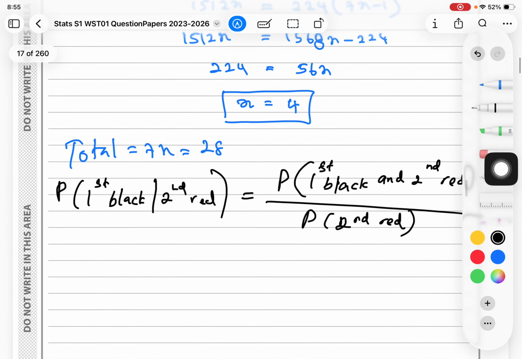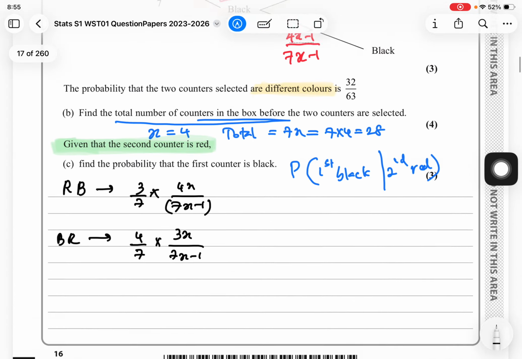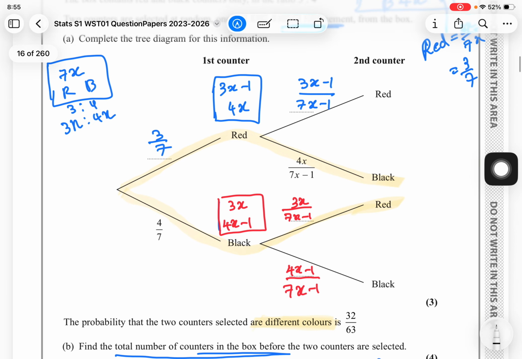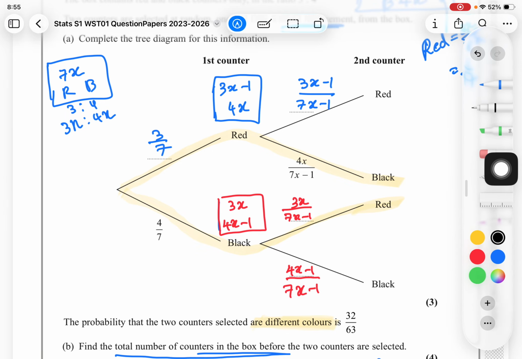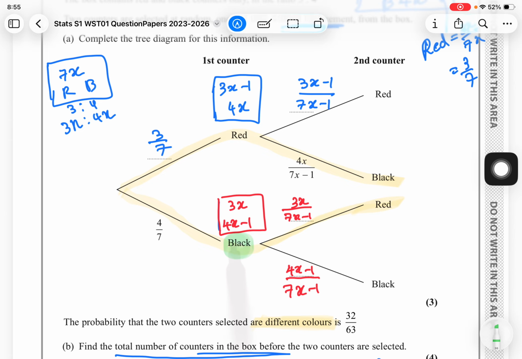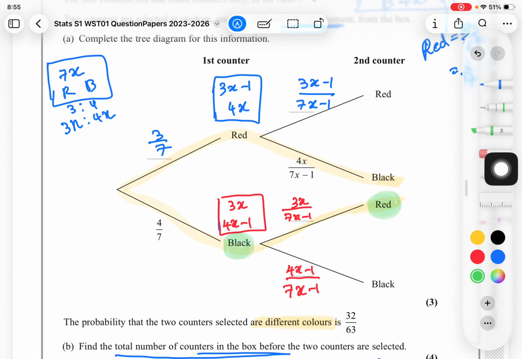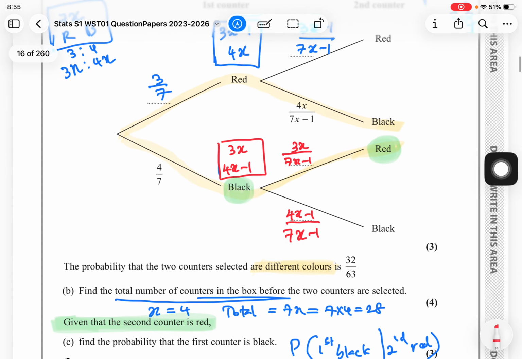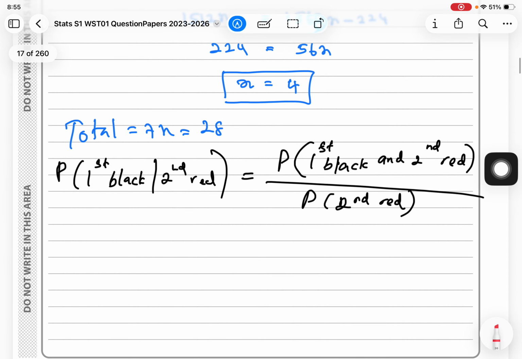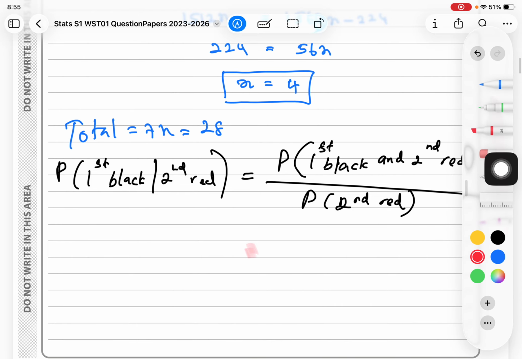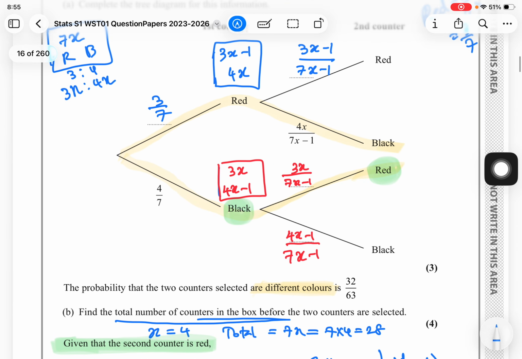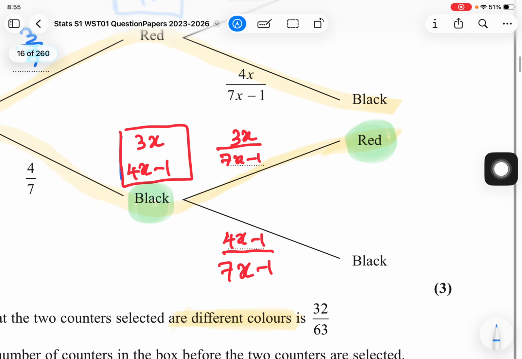So let's get these probabilities separately. Getting the black and red is this branch. You get the black first and then you get the red second. This is the only option we have for the intersection. Let me put the values in the branch itself so it will be easy.